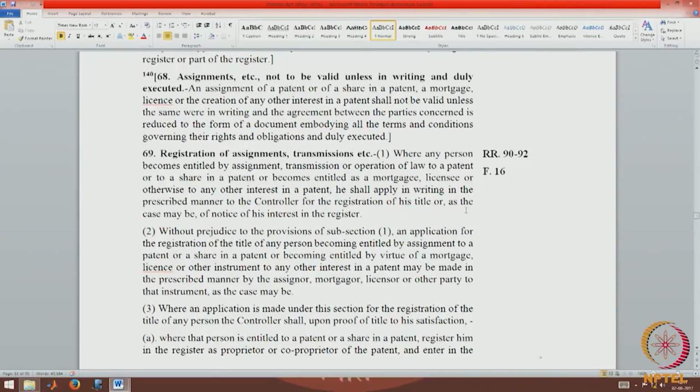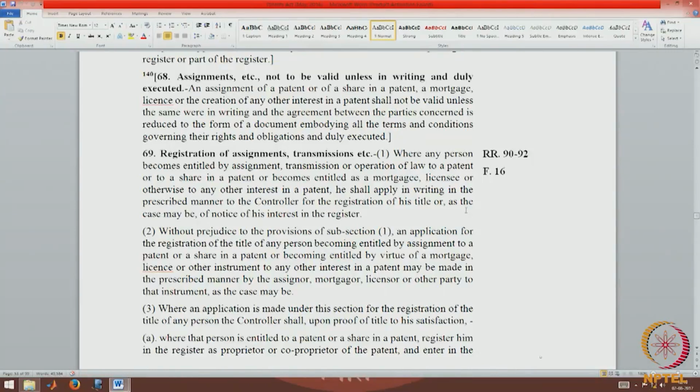If you have a mortgage, then the mortgage can be redeemed and you can put an end to the mortgage. If there is a license, the license can be put an end to. So, as long as the mortgage or the license continues, you have a limited right to the patent. When the transaction is over, the rights vest back to the person who gave it to you in the first place.